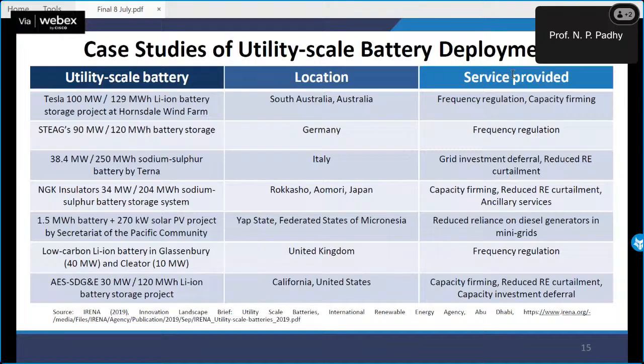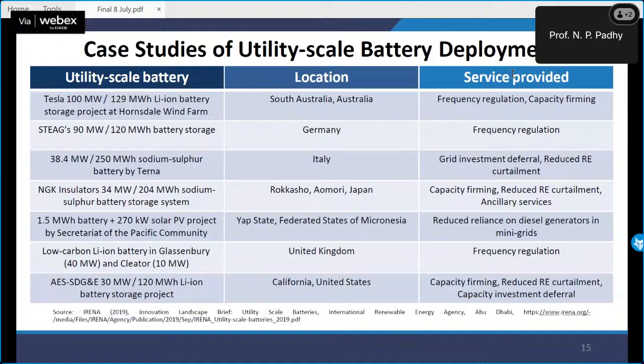So the battery, for example, fully charged, they can discharge 30 megawatt in the first hour. They can discharge another 30 in the second hour, third another 30, and fourth another 30. Okay. And if you like to discharge all four at a time, for 1 hour, I can discharge 120 megawatt. That is the concept of megawatt and megawatt hour. So either you take 30, 30, 30, 30 over 4 hours, or you take 120 in 1 hour.